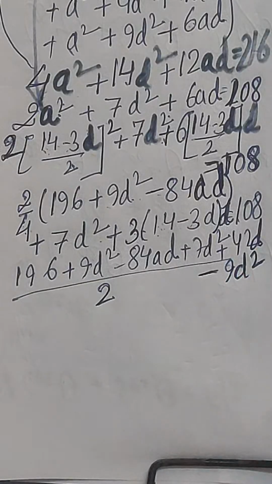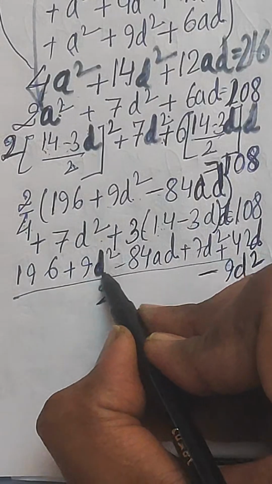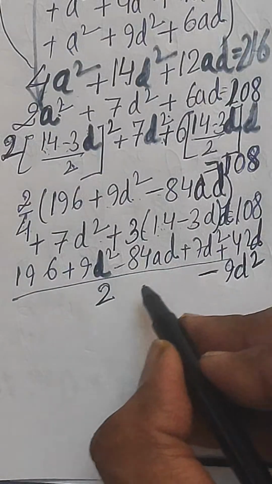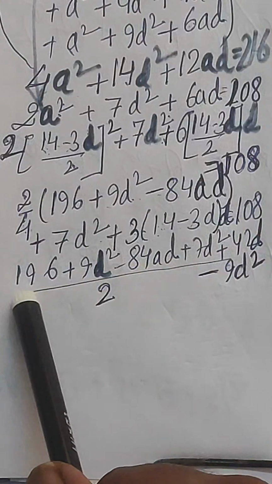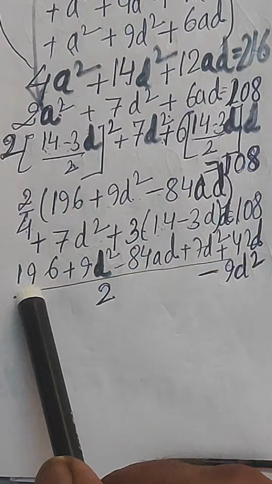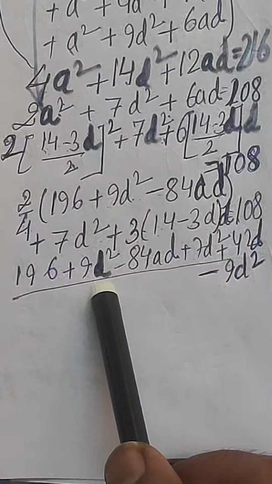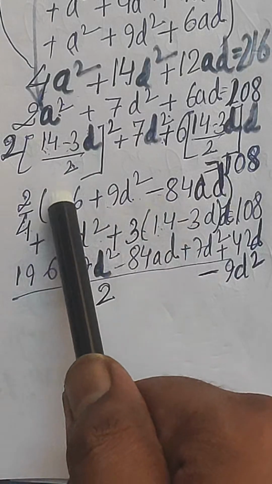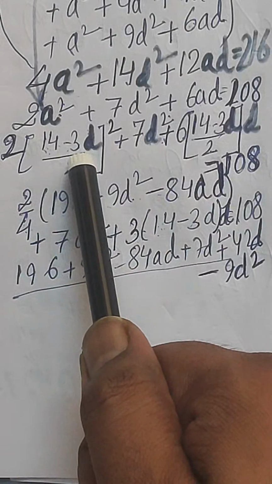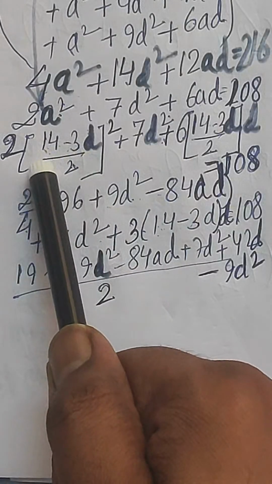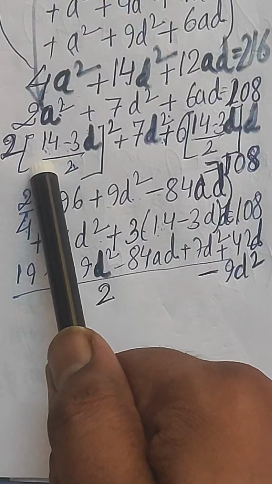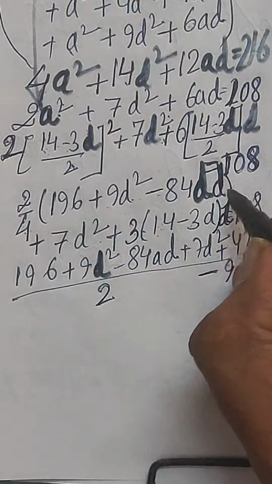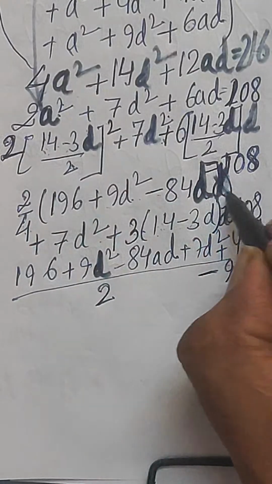So you can see an equation is derived with a variable. Here you can see 196 plus 9d square minus, you can see here 14 into 3, 42, 42 into 2, 84. So 84d will be here because we have already eliminated a, right?